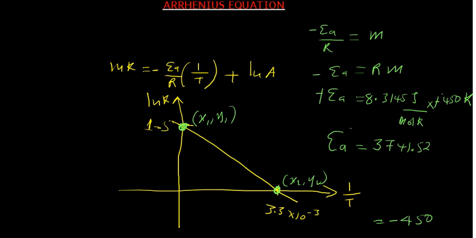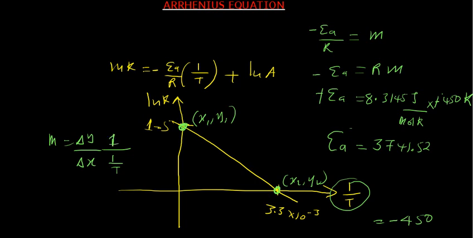So why is it that it is in Kelvin? We can see we are saying gradient is equal to change in y divided by change in x. And x is in the denominator; we have 1 over T. So 1 over T comes in the denominator, and on top we have natural log of k, which is y, and that is a constant. Let me just represent it by 1.